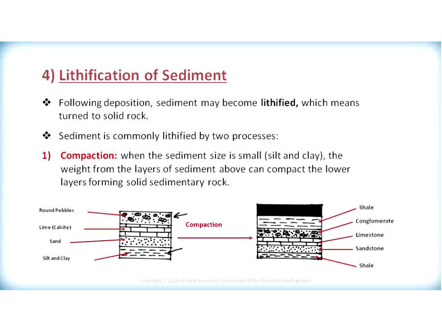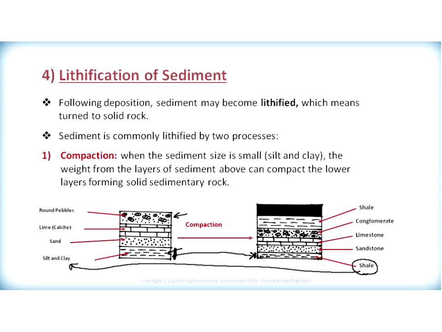Also, if you look at this diagram, we will notice that the corresponding layers tend to decrease in volume as they get compacted. So the silt and clay layer here, which is in the sediment phase, when it forms into a solid rock, as represented over in the right diagram, we see that the shale layer, which forms from silt and clay, will be much thinner than the actual layer of sediment itself.